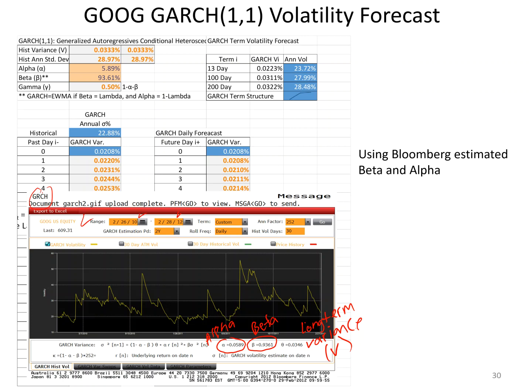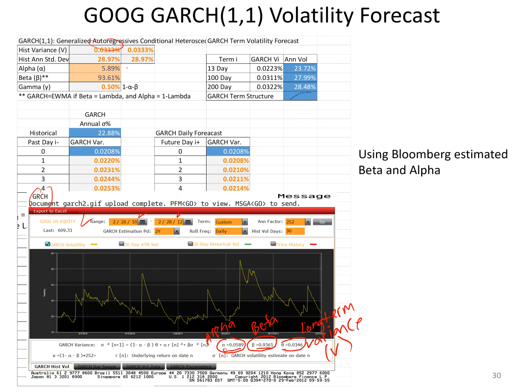Then Bloomberg will run a little estimation process to give me optimal alpha and beta. That alpha is 0.0589, and that beta is 0.9361. They've also got a slightly different long-term variance than I did. They got 0.034 instead of the 0.033 that I have.